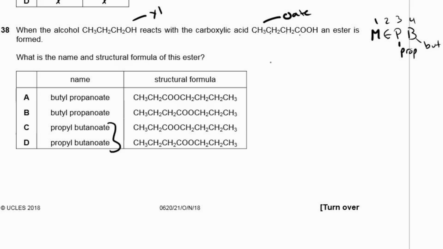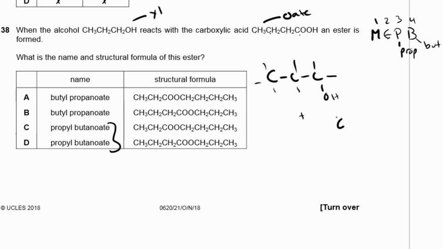Okay, so let's react this. We have C, 3 carbons in a row. These are H's, I'm not going to draw on the H's there. I'm going to just do the OH down here. And then we react it with the butanoic acid. I'm going to draw it the other way around.